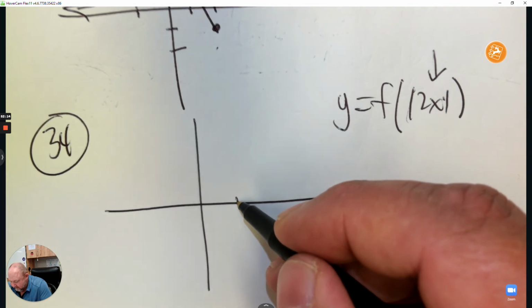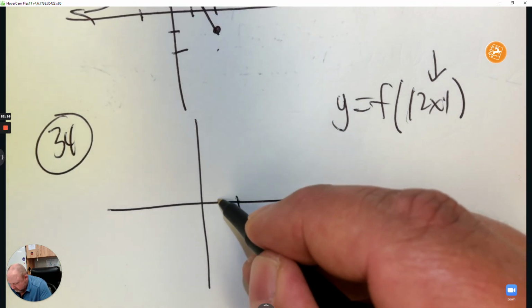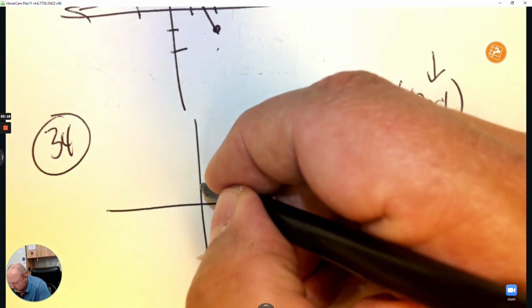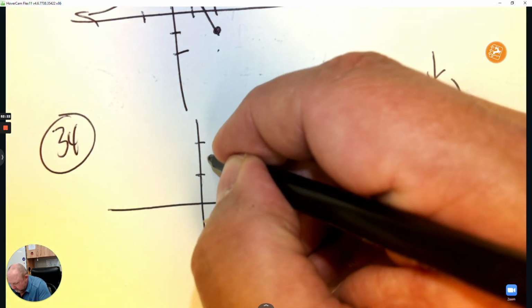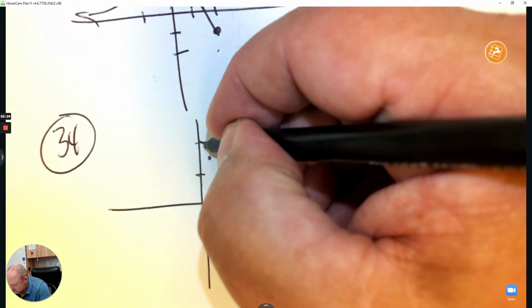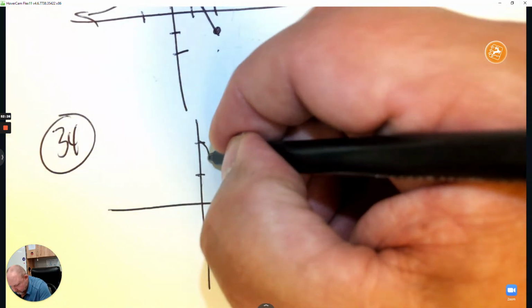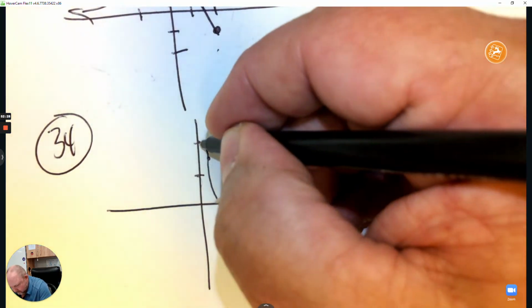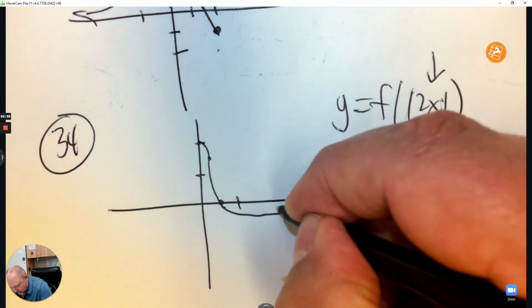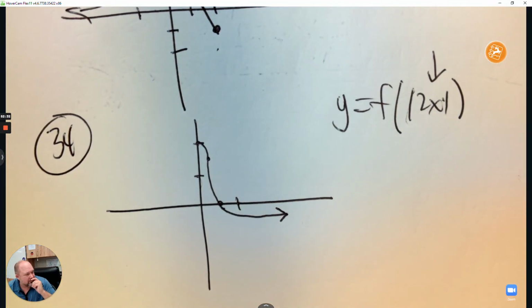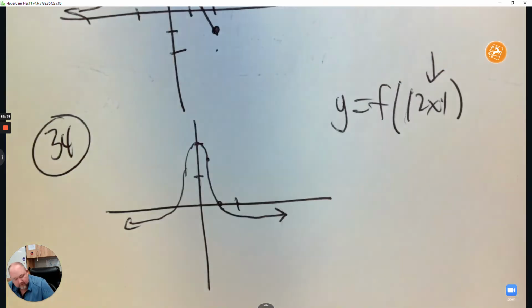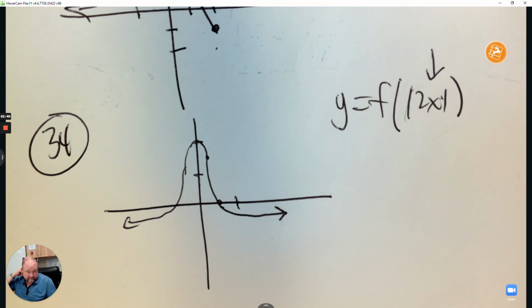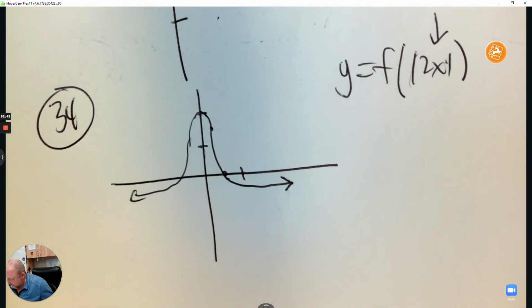So if I take this and I divide it by 2, and divide this by 2, so I'm dividing the x's by 2, and then I reflect this picture on the other side. And that's what it looks like. 35.